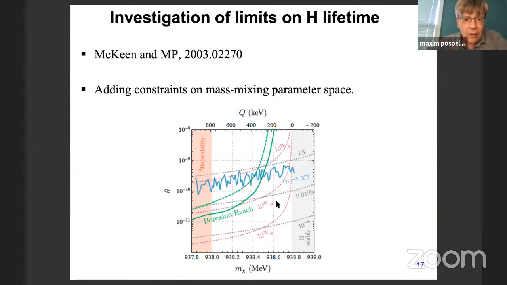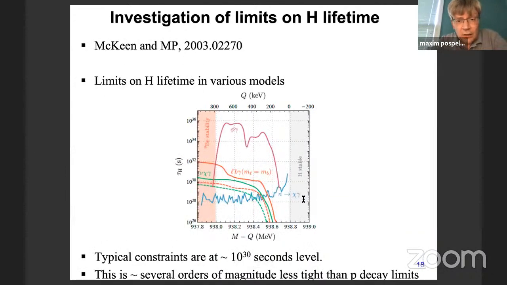Very well, so one can turn it around, this radiative decay, and ask the question: what is the constraint on the lifetime of the hydrogen atom itself, right? Because within this model, the hydrogen atom is unstable, and depending on the model, we discussed several, you get to a benchmark of about 10 to the 30 seconds.